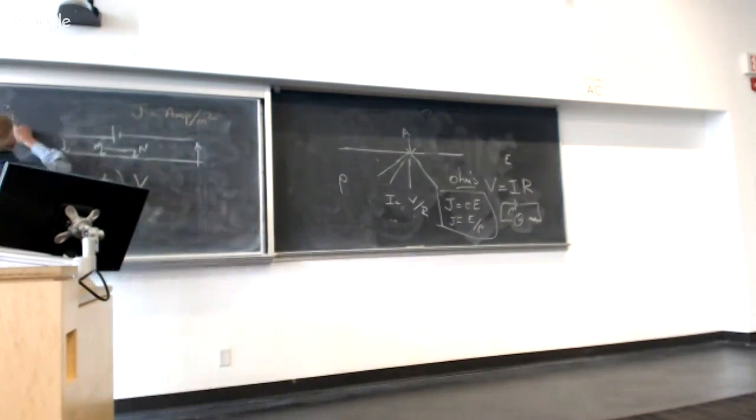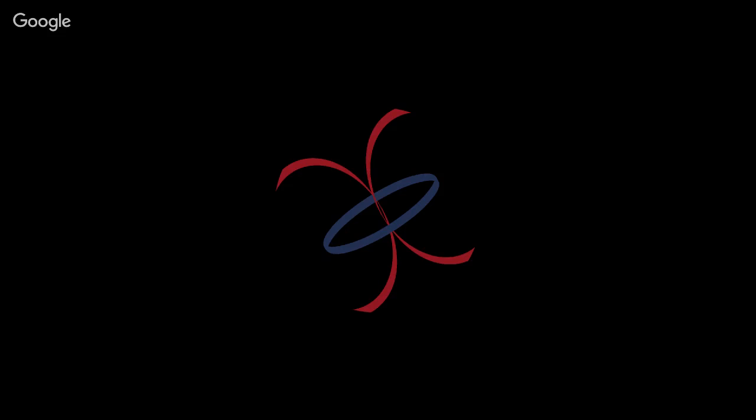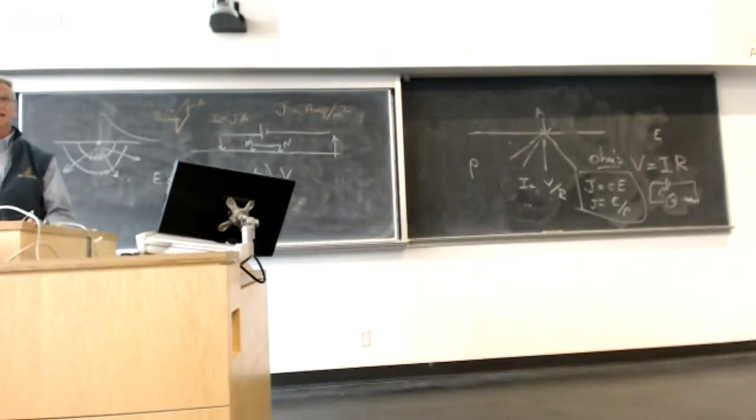So if we had a little interface here with some area A, and we had some go out in and out.